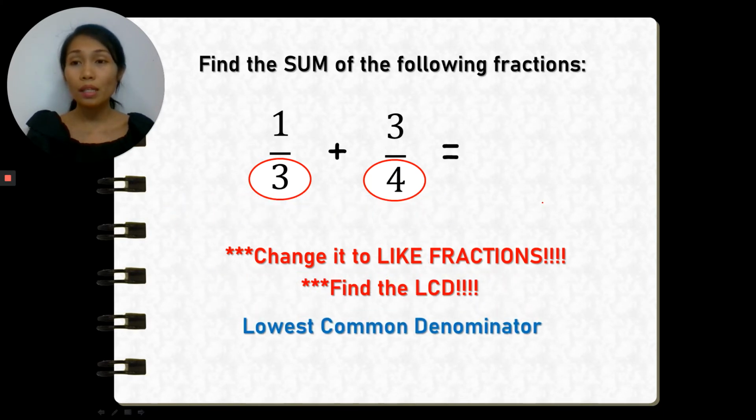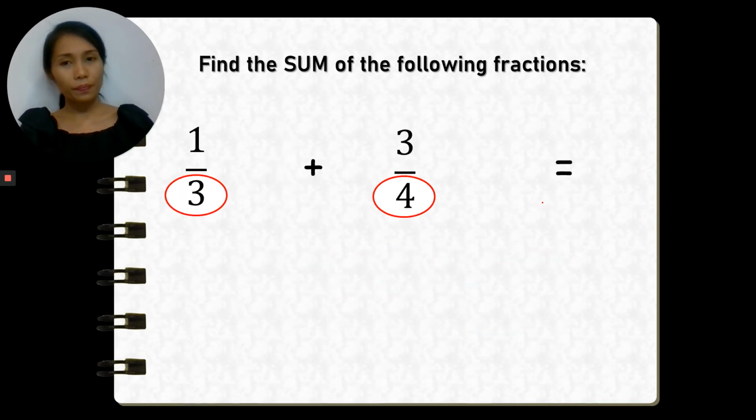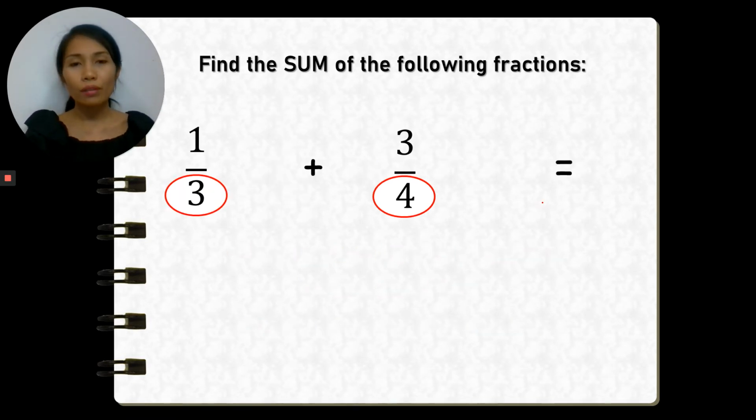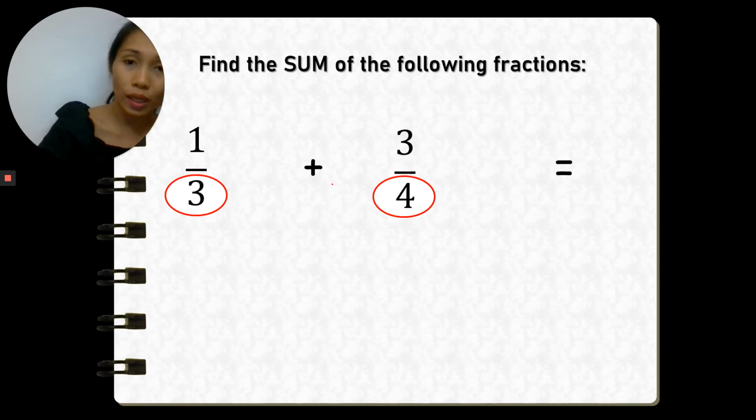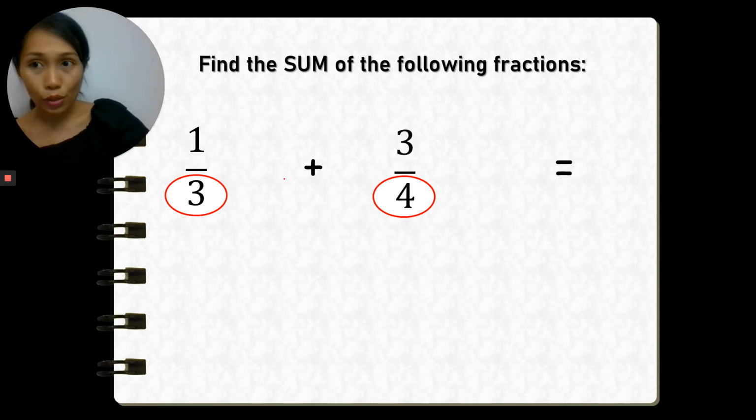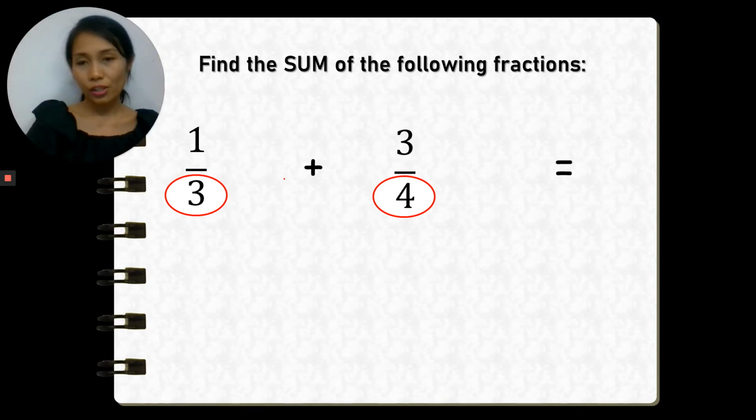What is LCD? Lowest common denominator. How are you going to find the LCD? Okay, to find the LCD, let's try that one here. So that's 1/3 and 3/4. I make space in here so in this space, we can make our new fractions.